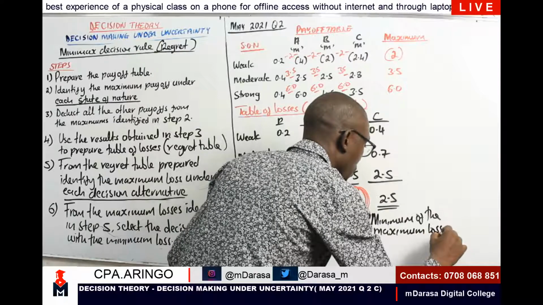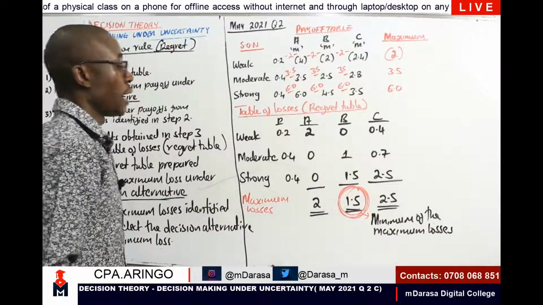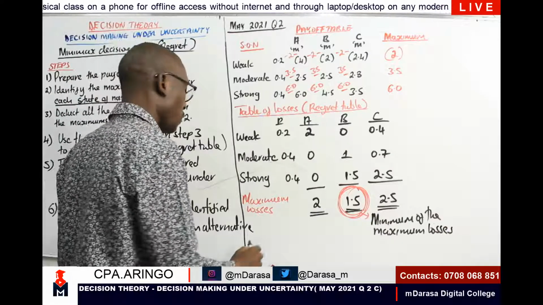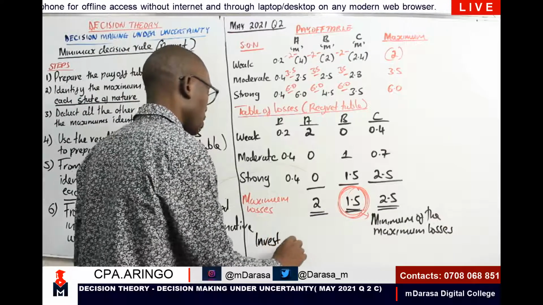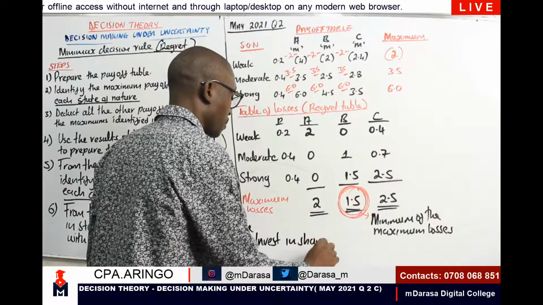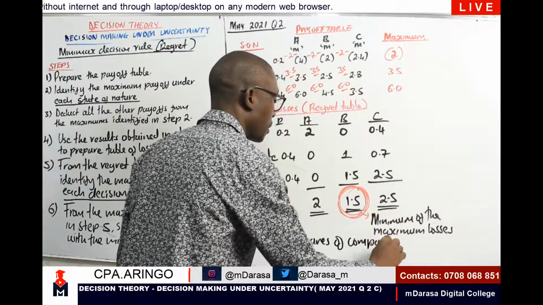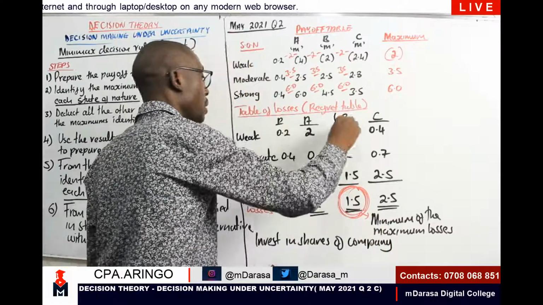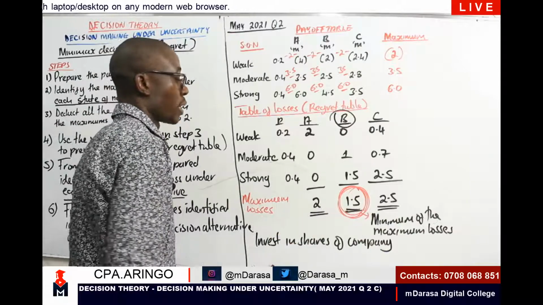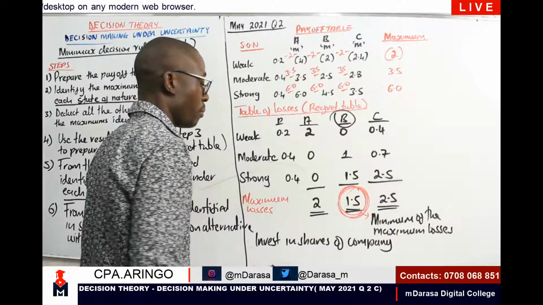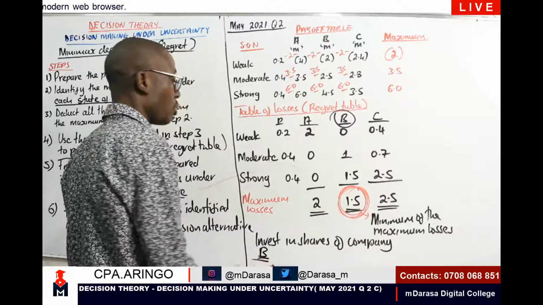Therefore, we can advise the investor to invest in shares of company B, because using Minimax, that is where we get the minimum of the maximum losses.